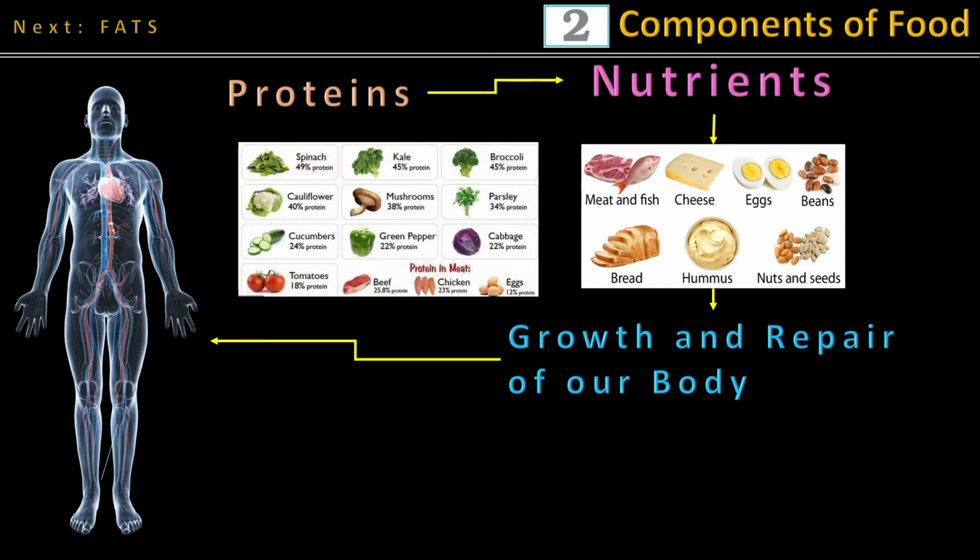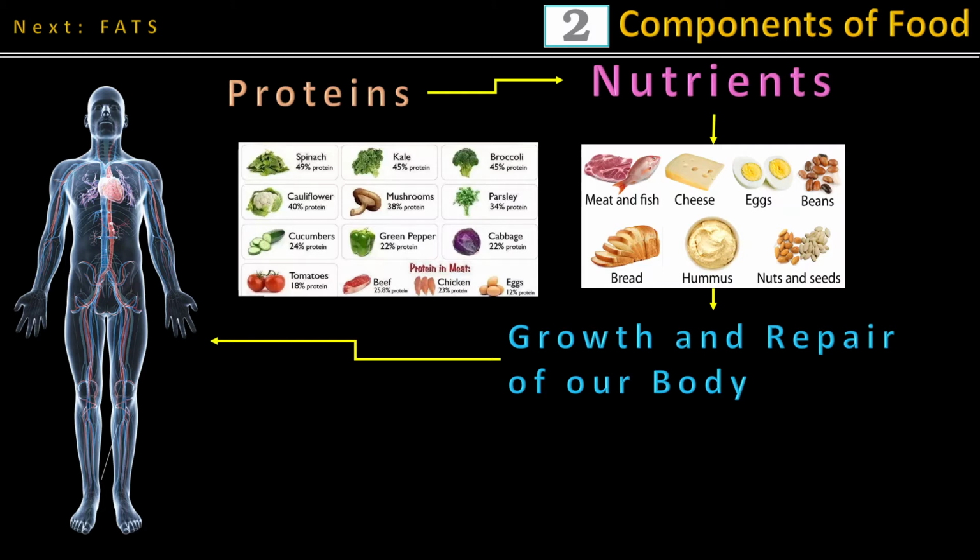We have organs and different parts of the body. So the protein will help to grow all these organs as well as the body elements in a proper way. And if any injuries happen inside the body, they will get cured by taking this protein food.